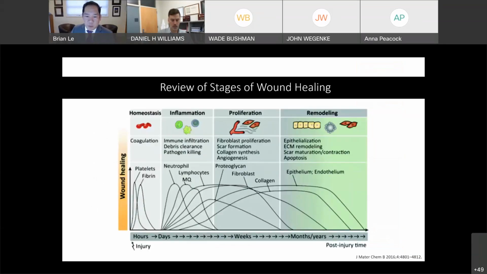Anytime we're talking about injury and healing, it's important to remember that there are 4 stages of wound healing. There are initial stages that happen relatively quickly, the hemostasis and inflammatory stages, followed by proliferation and remodeling.